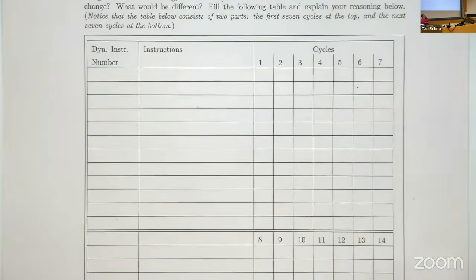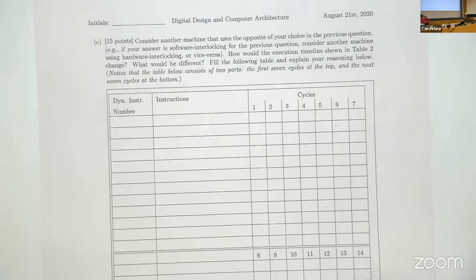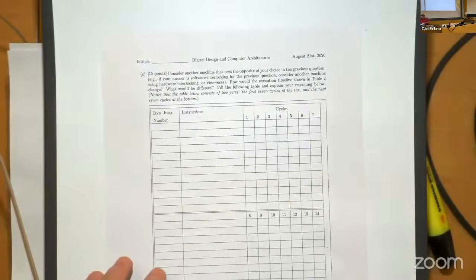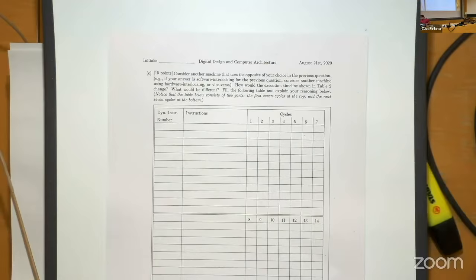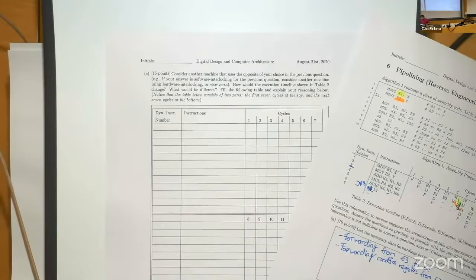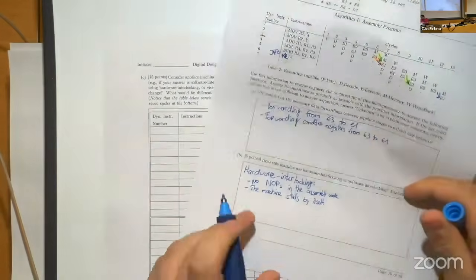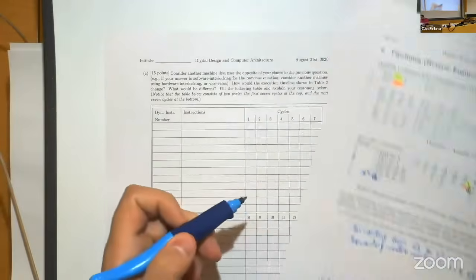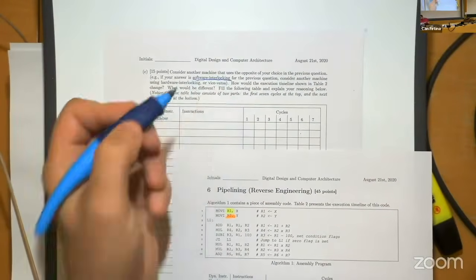On to question C. We're asked to rewrite the execution timeline. Before, we answered in B that we had hardware interlocking, and now we should do the opposite, so software interlocking.